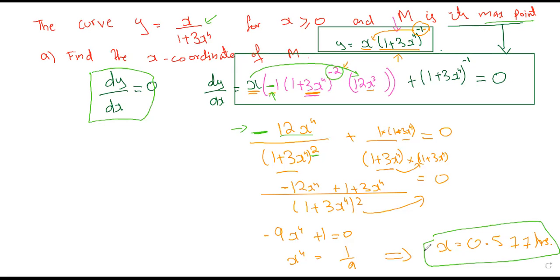Wait, that negative 12x should be negative 12x to the power 3. Say it again. Negative 12x to the power 3 and not 4, because we had this x here, okay? Look, I'll do this again.